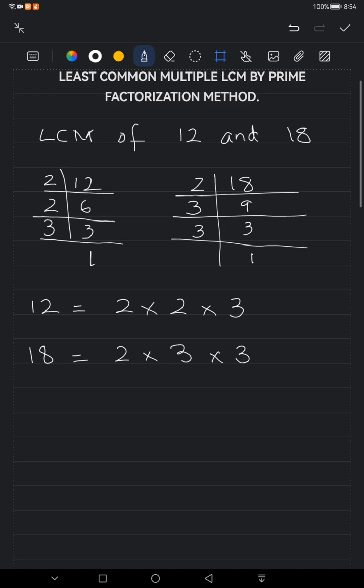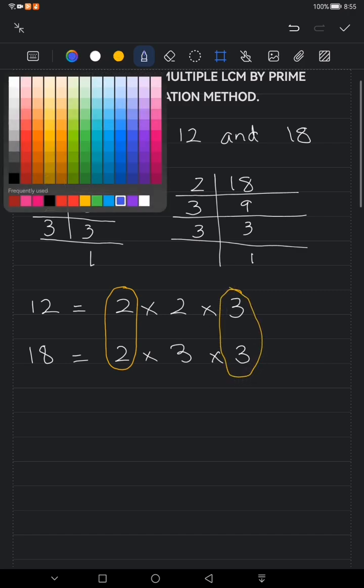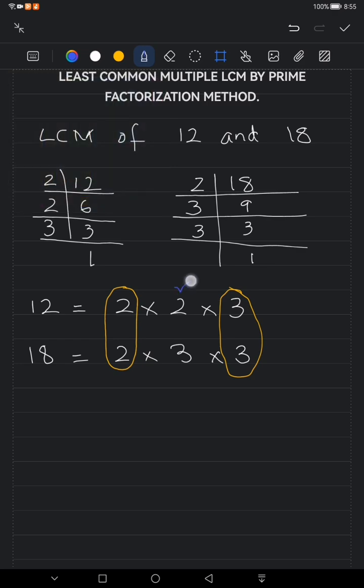Now we are going to select the common factors in both these numbers. We have one pair of 2 and one pair of factor 3. And what are the uncommon factors? 2 and 3.